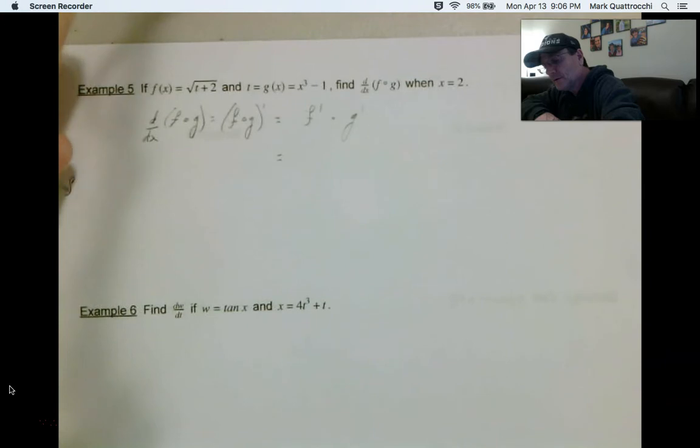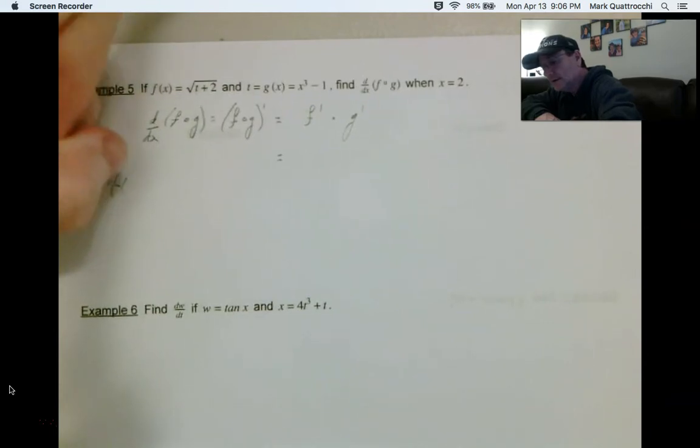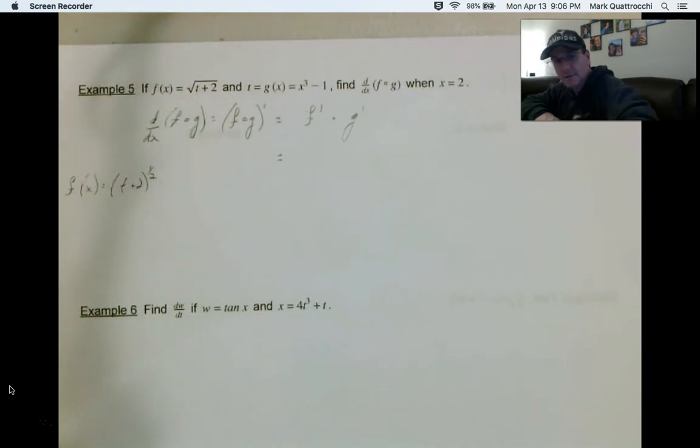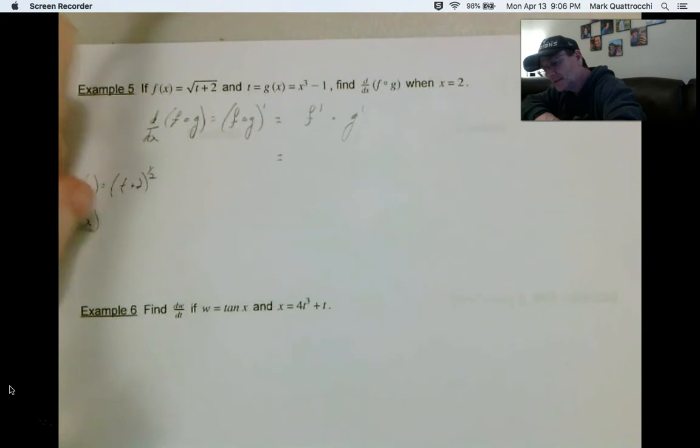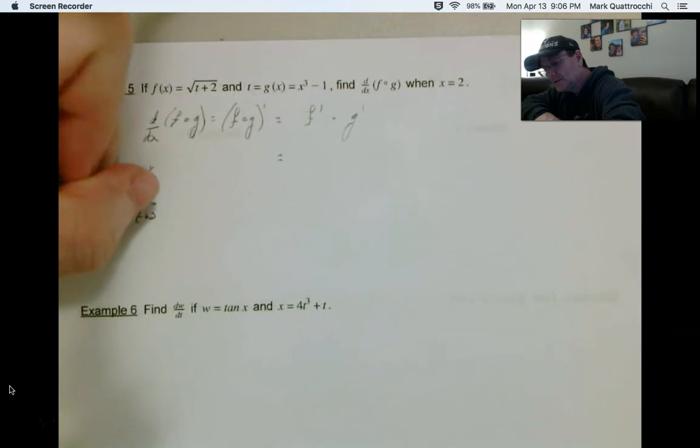f prime of x is equal to, let's rewrite f of x first, actually. f of x is equal to (t plus 2) to the 1/2 power. So f prime of x is equal to 1/2 (t plus 2) to the negative 1/2 power.